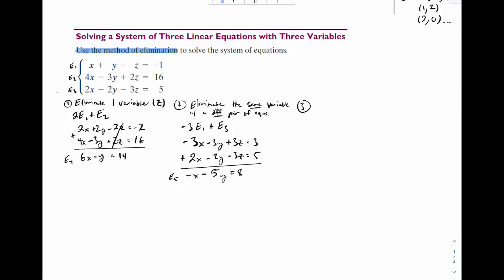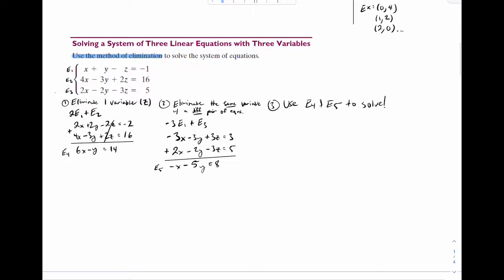So for step 3, you just use E4 and E5 to solve. That's always your goal. Whenever you have a 3-variable system, you're trying to get rid of one of them to get to a simpler system like this. So looking at this, let's follow our same patterns. I'm going to multiply E5 by 6, so I'm going to write E4 plus 6E5.